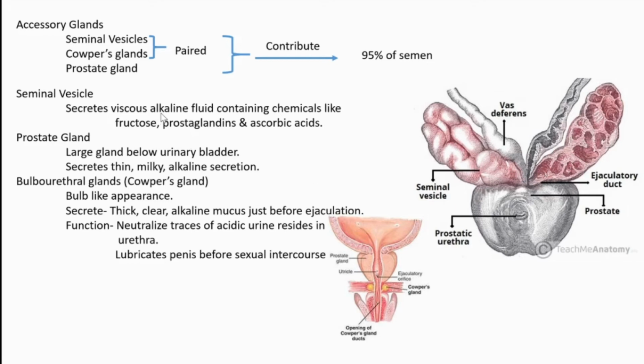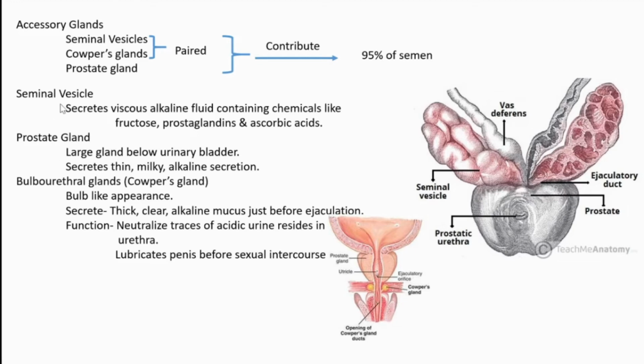It secretes a viscous alkaline fluid which contains chemicals like fructose, prostaglandins, and ascorbic acid. Then what about this prostate gland? It's a large gland below the urinary bladder. What about its secretion? It secretes a thin, milky, alkaline secretion.